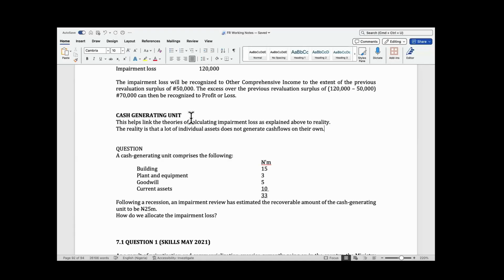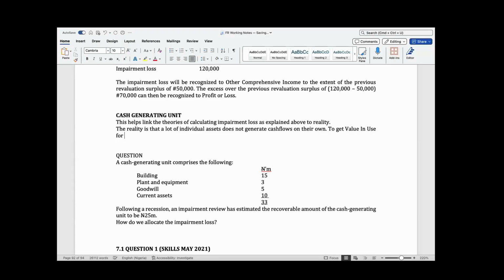So getting value in use for such individual assets becomes impracticable.